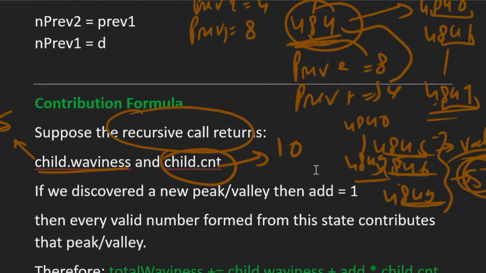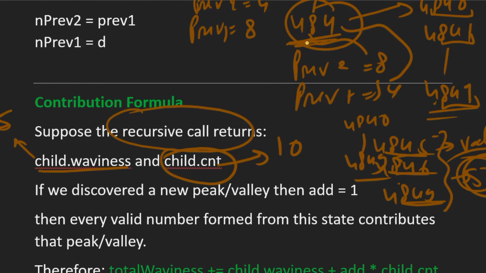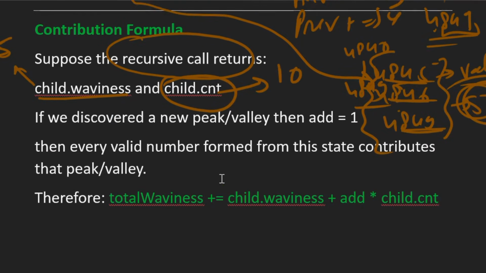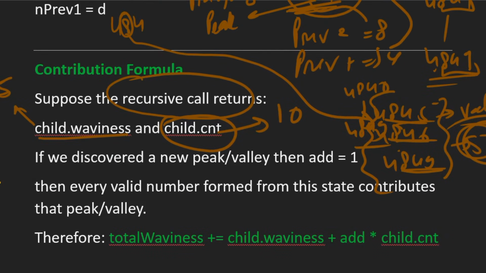And now as we know, we have discovered a peak over here at 484. So this peak should be contributed to all the childs, so what should be our contribution formula? For 484, the total waveness will be the waveness present in the childs.